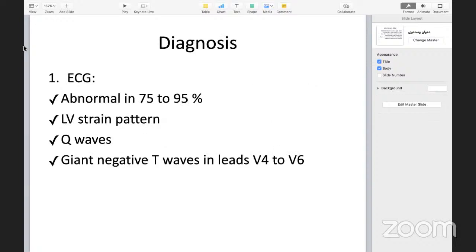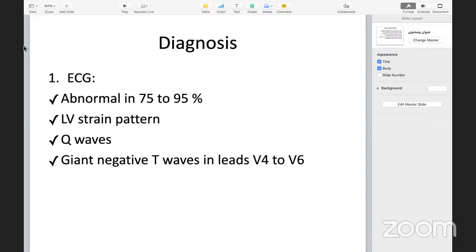Moving to diagnosis. To start with, you have to take a good history from the patient, emphasizing family history, and then you examine the patient as usual, and then you start your investigations.